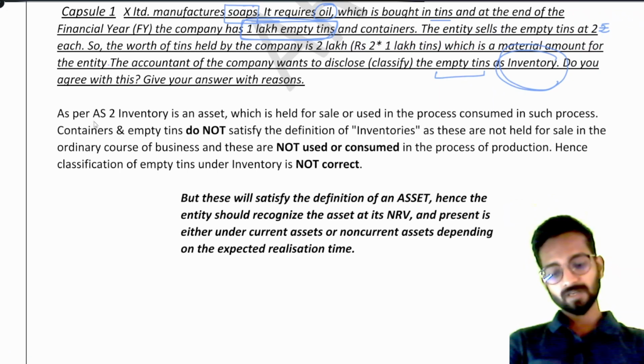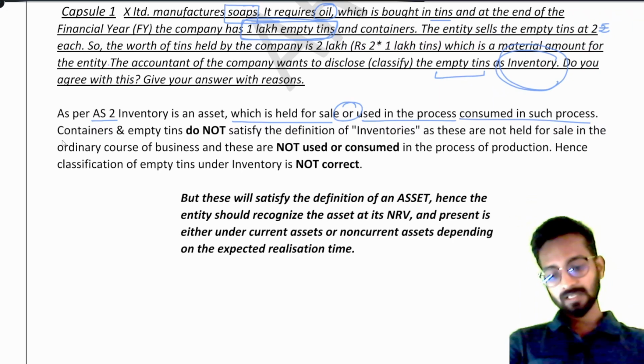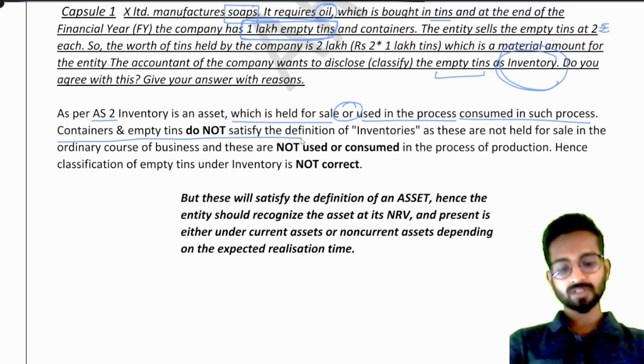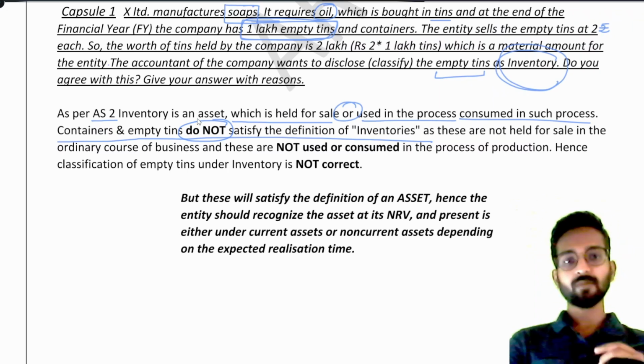See, as per accounting standard 2, inventory is an asset. I have told you, you have to write the definition, which is held for sale or used, consumed in such process. Containers and empty tins do not satisfy the definition of inventory. Arey, think, how will the empty containers or empty tins help in the production of soaps? Obviously it will not help.